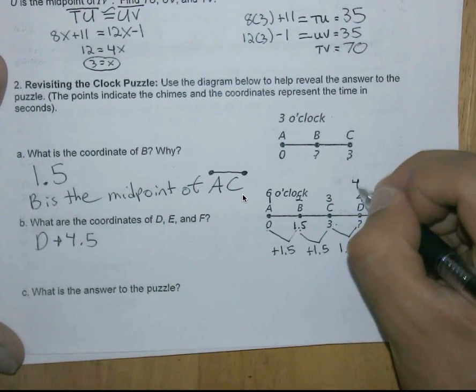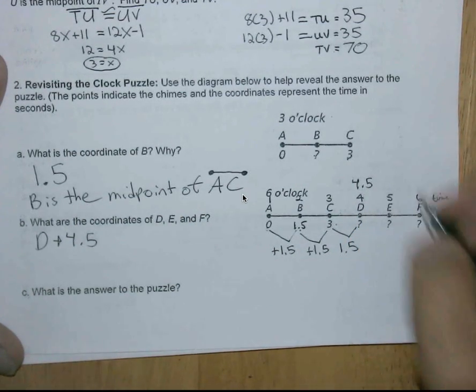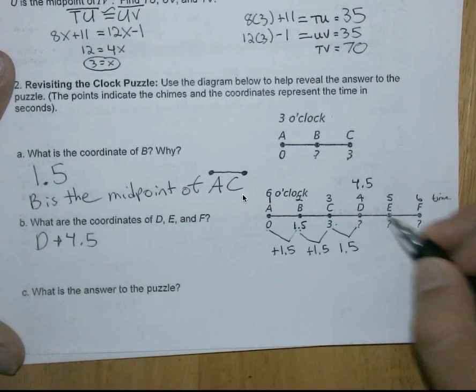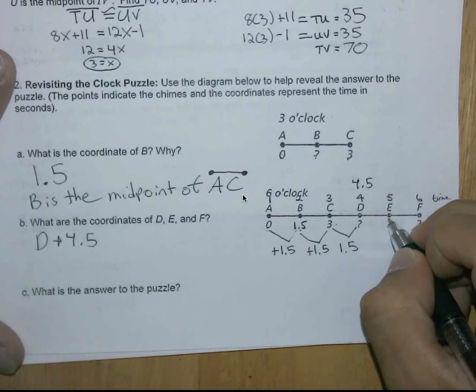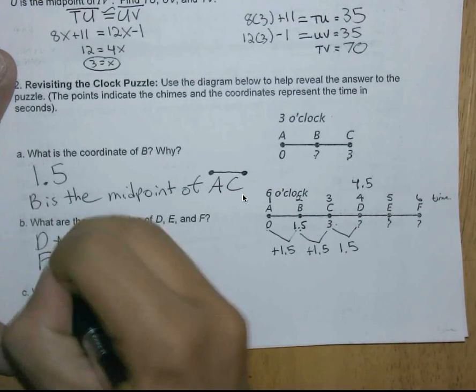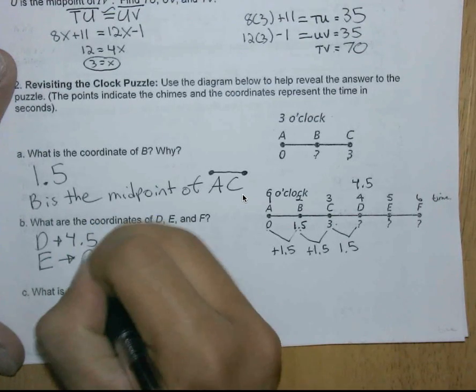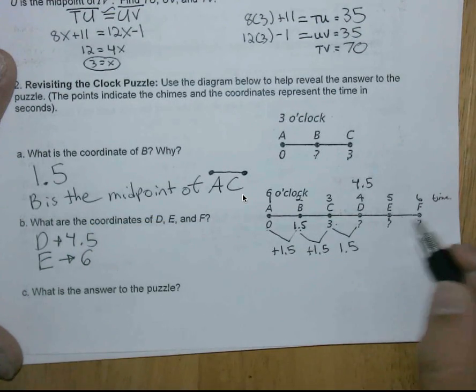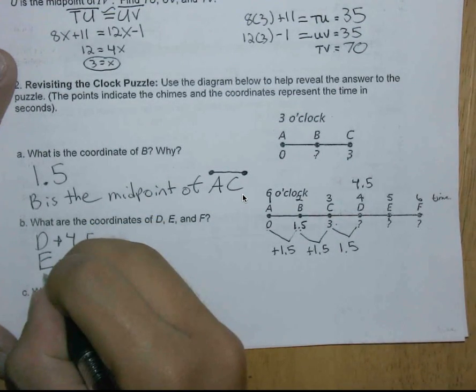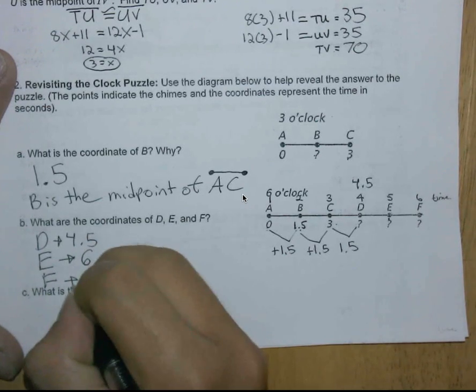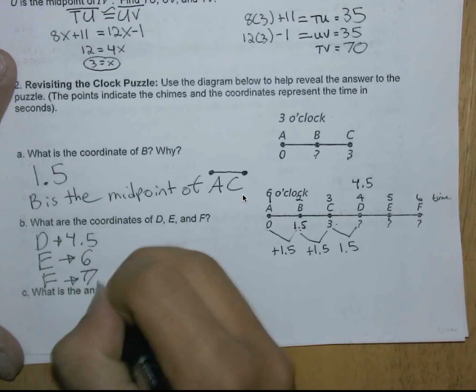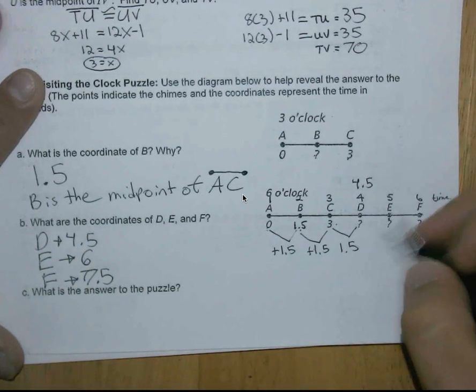Which actually makes E what number? 6. And then for 6 o'clock itself, that actually makes it an additional 1.5, so 7.5.